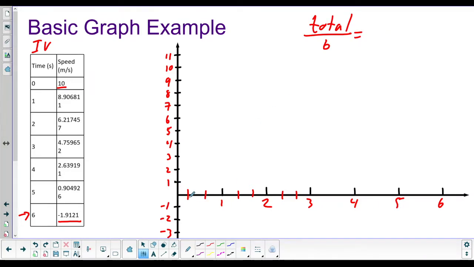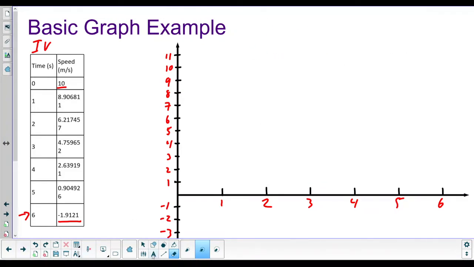So let's say there were 18, right? 1, 2, 3, 1, 2, 3, 6 times 3 is 18. So let's say I had 18 and I divide by the number I'm trying to get to. That'll give me, not 6. Try again, Mr. Barton. 3. This will tell you, all right, every 3 tick marks, go to the next number. And that'll be a pretty good way to space out your graph so that it takes up most of the space and it's evenly incremented. Okay.